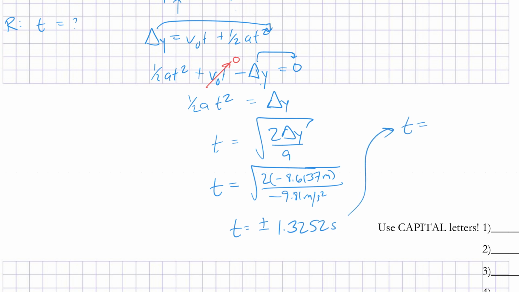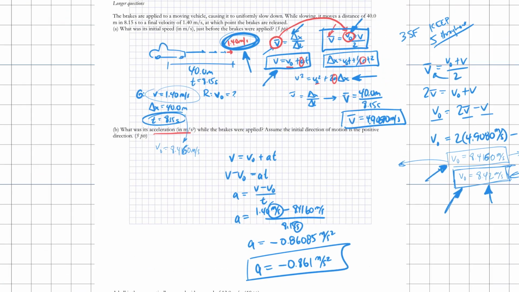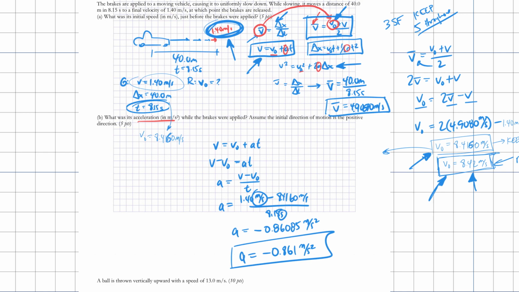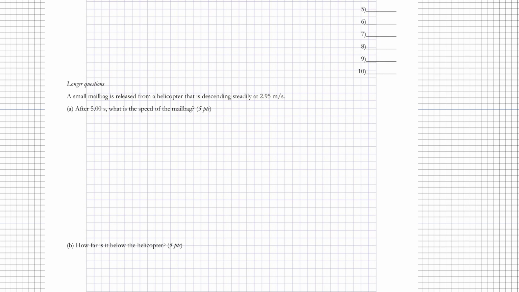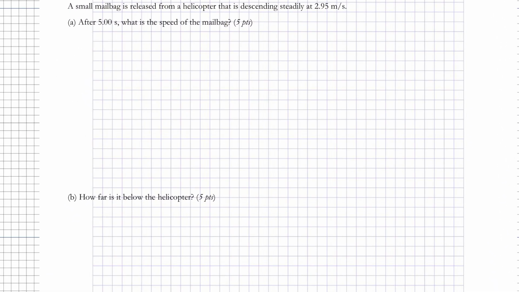So t equals 1.33 seconds, which we knew by symmetry, but it was still nice to affirm. So that is the first test on this particular group of tests. It looks like I agreed with my key, which is always nice, because sometimes there are errors on the keys. So I feel pretty good about that.